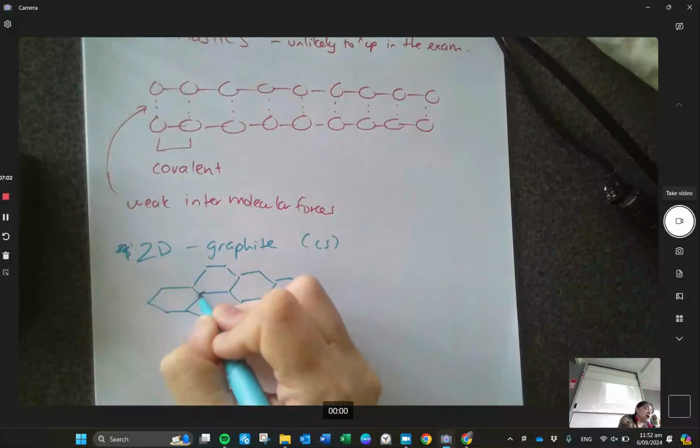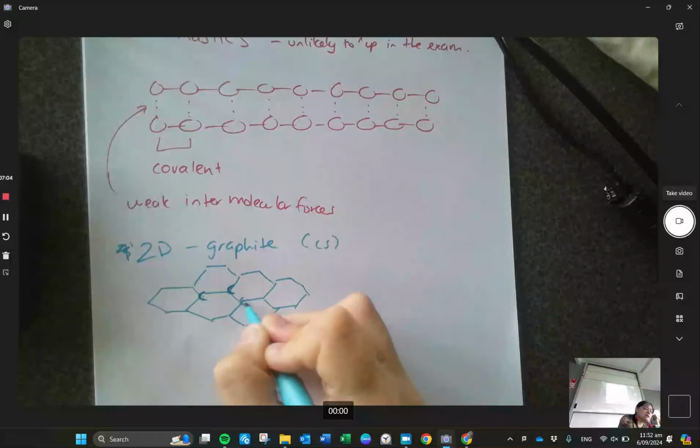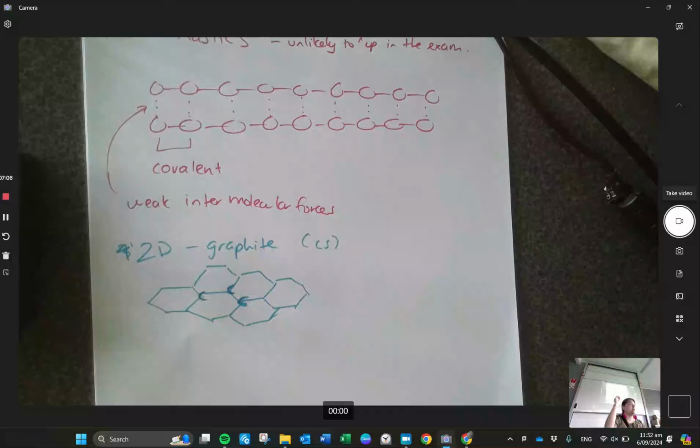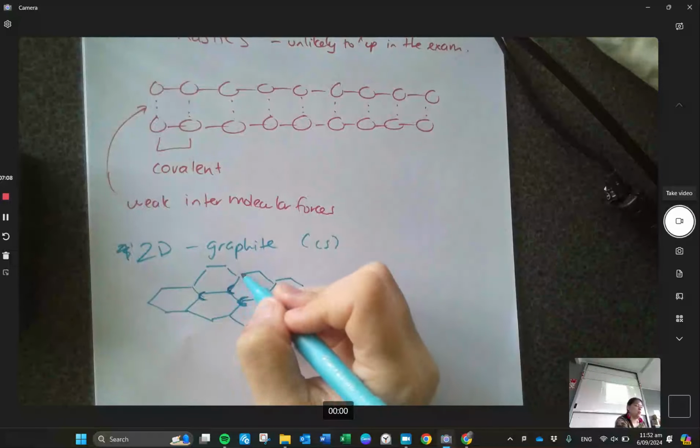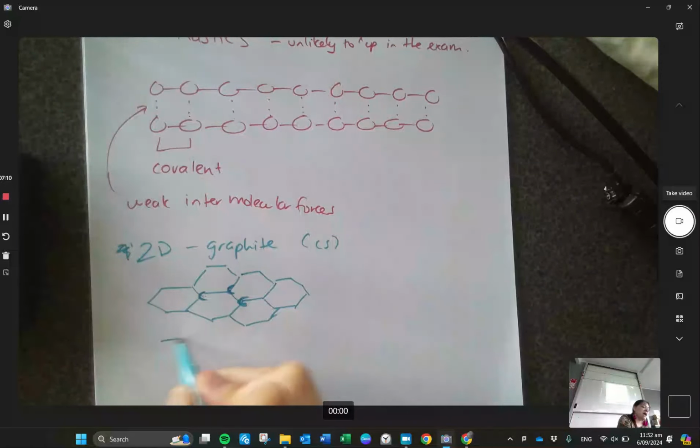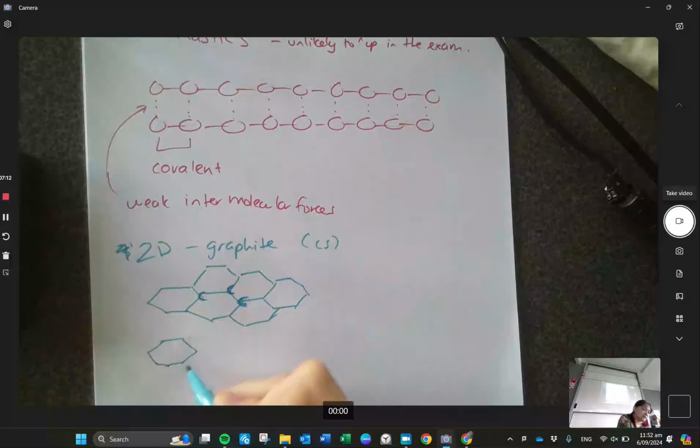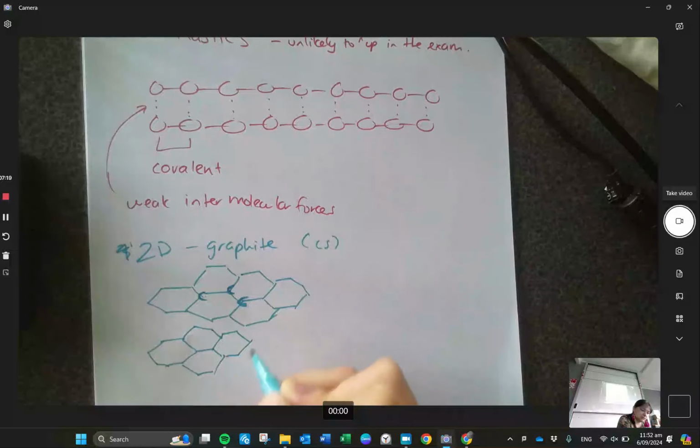Each one of these is a carbon atom, and each one of those carbon atoms is bonded to 3 other carbons. So that one, 1, 2, 3. You then have another sheet of that. So many hexagons. Hate drawing hexagons.